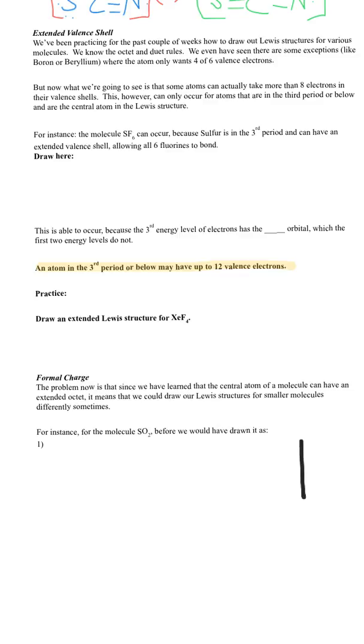An atom that is in the third period or below can have up to 12 valence electrons around it. So that means that these third period or below atoms are big enough to pick up enough space that they can have more valence electrons than any other atoms. That being said, you'll never have more than 12 valence electrons around that center atom.